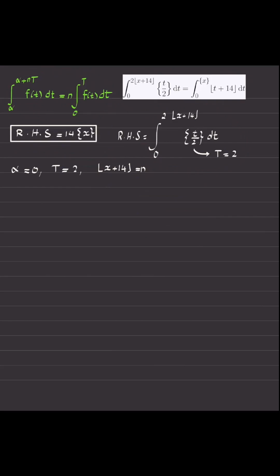Then this integral is comparable with the left hand side, with alpha 0, t equal to 2, and this expression n. So I don't even need to calculate this integral the hard way, because this formula tells me the answer. Sorry, I messed this one up, this is the left hand side.